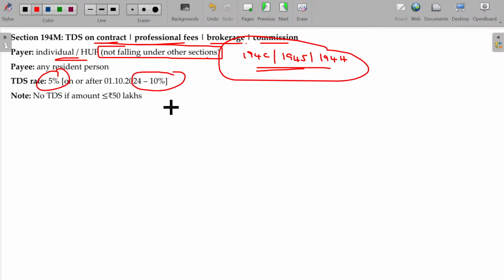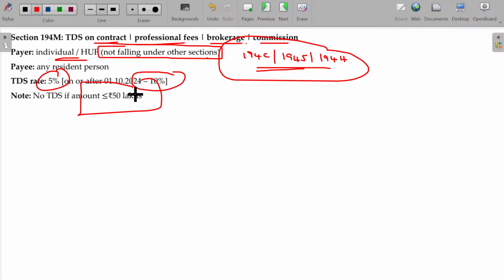5%, later it is 10%, but the limit is a very big number, 50 lakhs and above. For personal purpose, do you pay 50 lakhs or more to any contractor? While constructing your residential house, the construction value may go up to 60 or 70 lakhs, then TDS is applicable. Rather than a house, if you are doing any interior decoration or land development or any other purpose and spending more than 50 lakhs, then also it will fall.